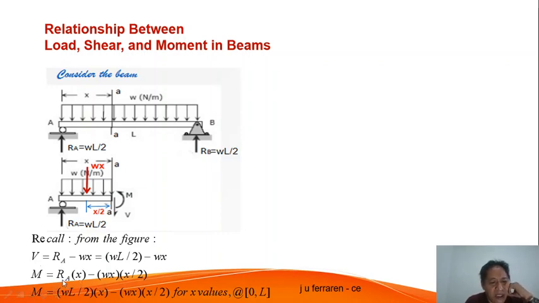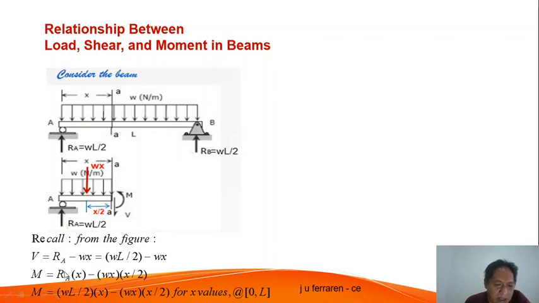So for the moment, what kind of moment can RA produce? The bending will be like that, so it will bend upward, which means this is a force causing a positive bending. WX will bend the beam in a downward manner, so it produces a negative moment.